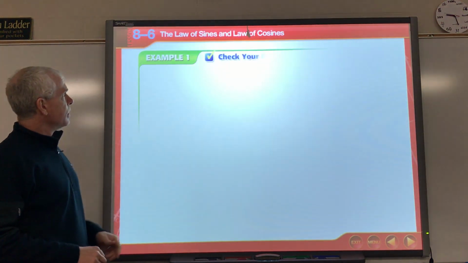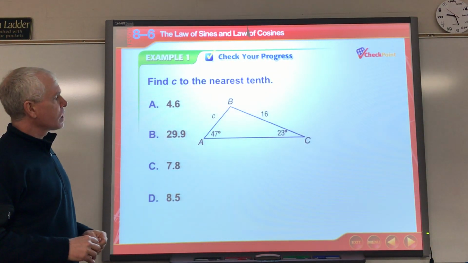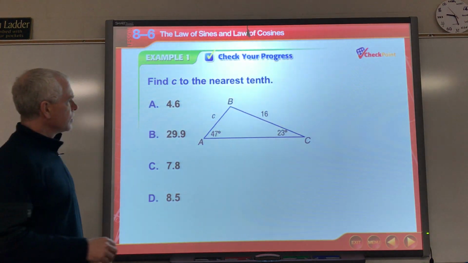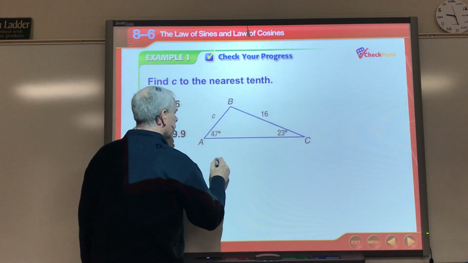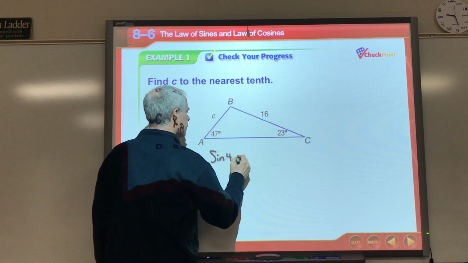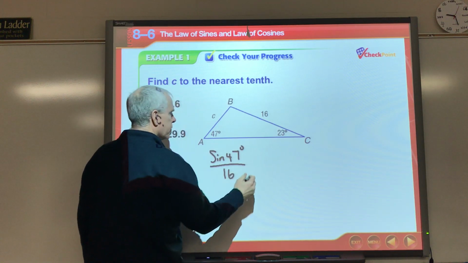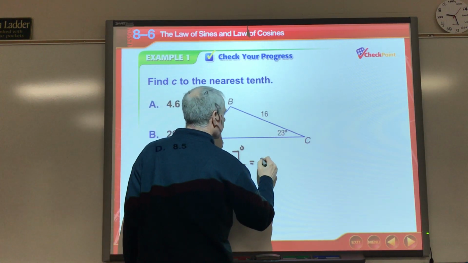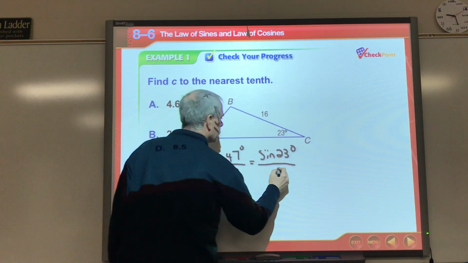All right, pause the video, give this one a shot. All right, let's see how we did. Focus on the angles given. So the sine of 47 over the side opposite, 16, is equal to the sine of 23 over the side opposite, which is little c.